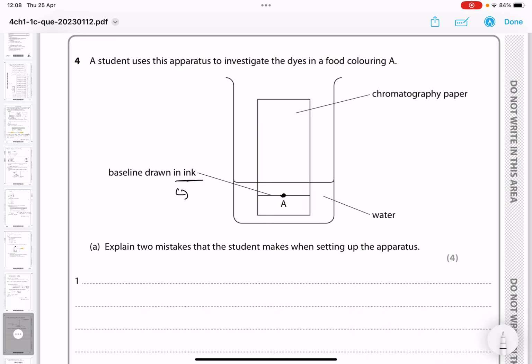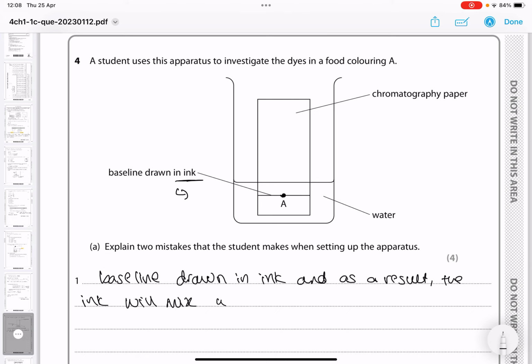So let's see, 2 mistakes that the student makes. So the baseline has been drawn in ink. That's a mistake. And as a result, the ink will mix with the dye and contaminate the results.